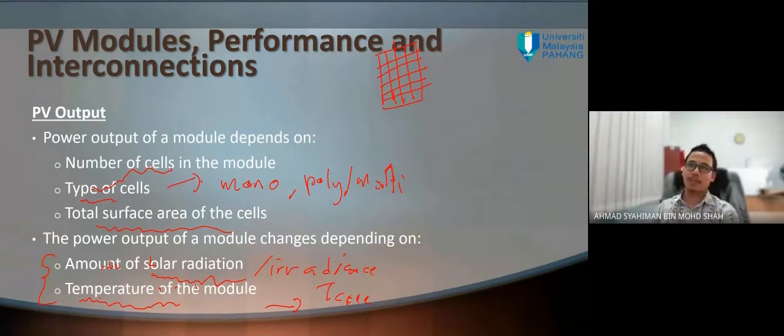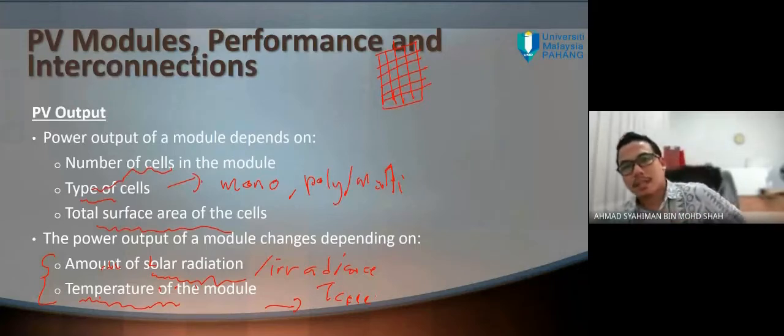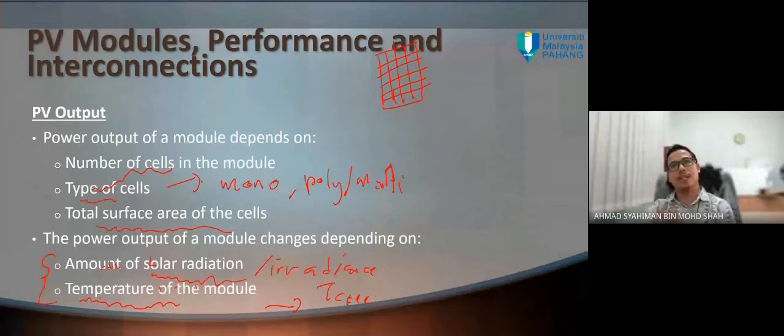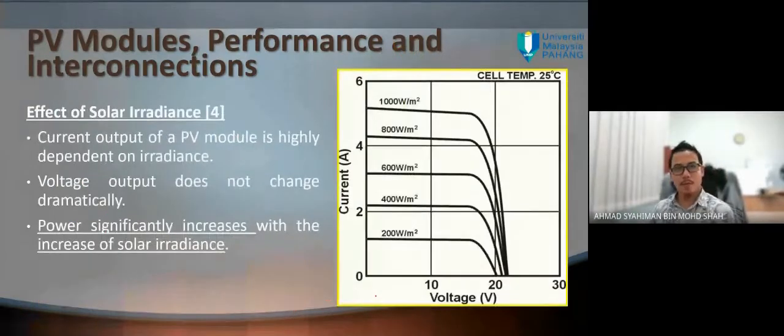Another thing is the temperature. The higher the temperature is, the lesser the performance is. Bukan maksudnya temperature lagi tinggi tu lagi bagus, tak. Sebenarnya temperature lagi tinggi tu dia akan affect the characteristic of the silicon itself. That's why dia akan degrade the output performance of that solar module. Itu yang benda yang umum.